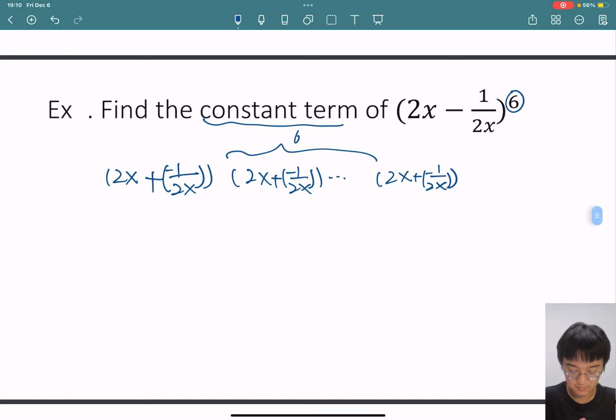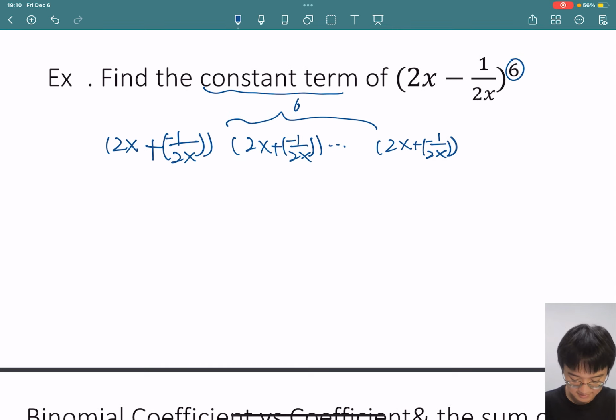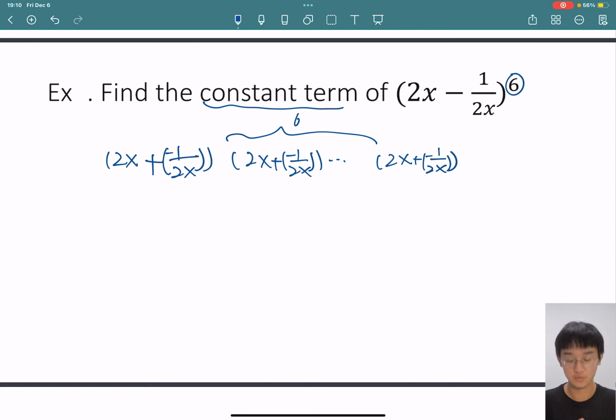It's very obvious: we just need no x here. So it's very easy to find. We just need to pick 3 of 2x and 3 of minus 1 over 2x. This is how we get the constant term. There is no other method to get the constant term.